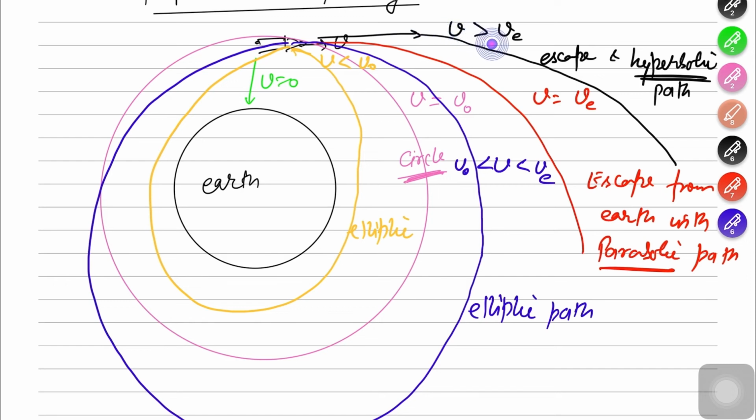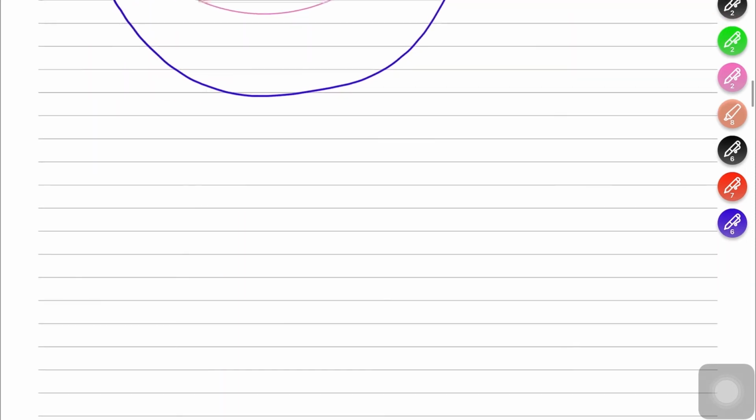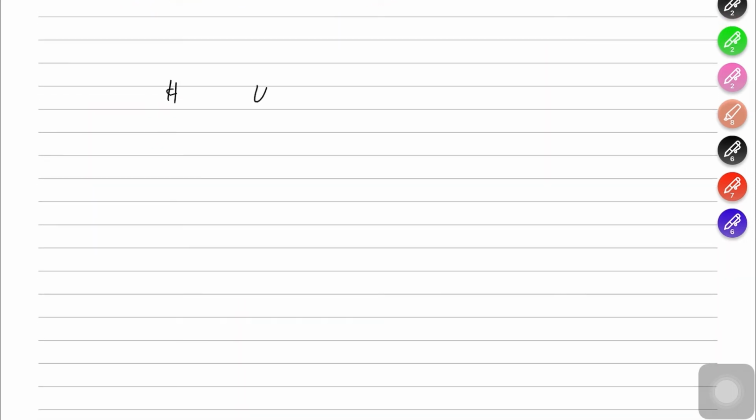Okay, what if projected with a velocity greater than escape velocity? If it is projected at a velocity greater than the escape velocity, then obviously it will escape from the earth but follow a hyperbolic path. Okay, so summarizing it: if velocity is equal to 0, it will fall down in a straight line.